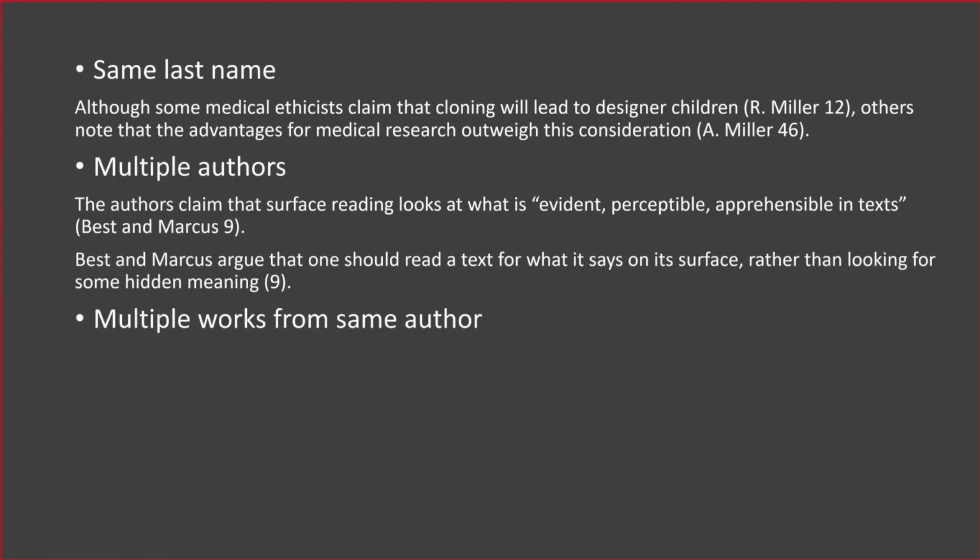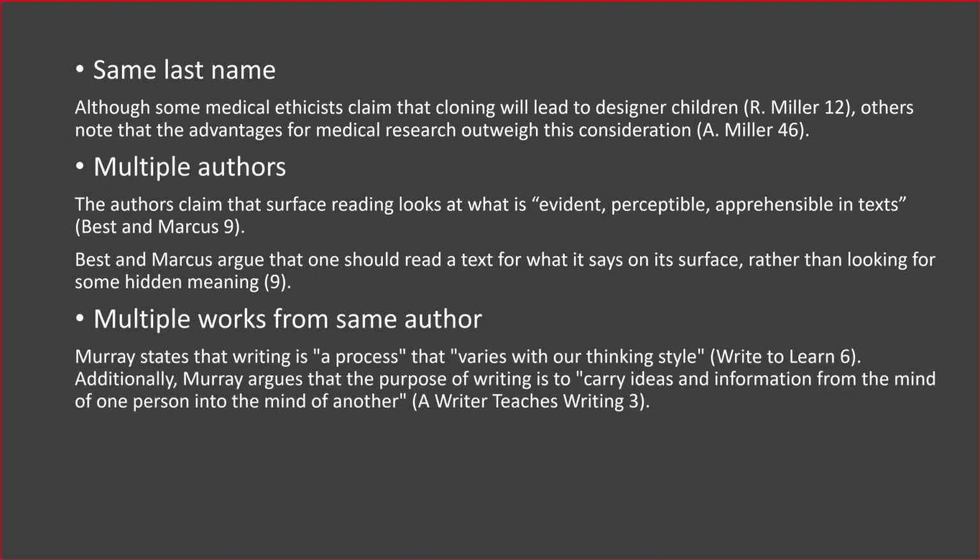The next thing we want to look at is multiple works from the same author. So maybe you're doing a comparison essay between the different works of one author. So in this case, you can notice here we've already introduced the author's name, so that's one thing to point out. So Murray is already introduced here, and we can see we have two different books from him, Write to Learn and A Writer Teaches Writing.